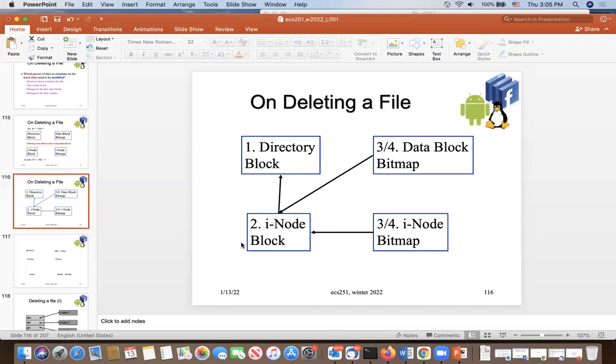If you didn't write the directory block before the inode block, you could still have a file in the directory entry while the inode has already been destroyed.